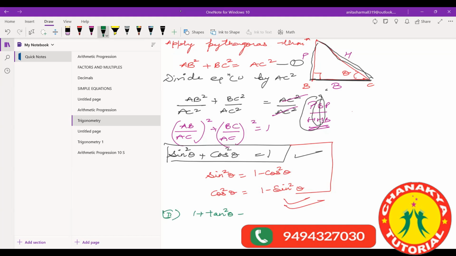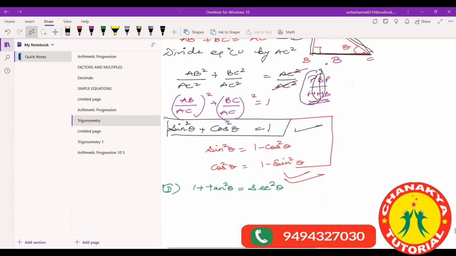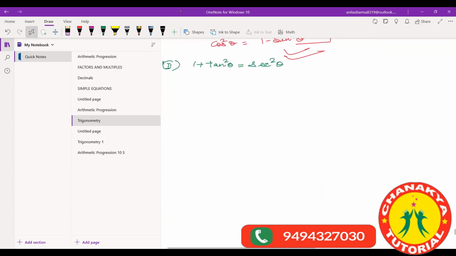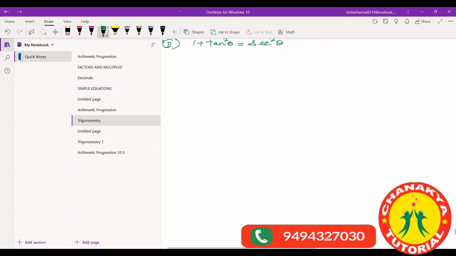Completed. Okay. Now the second identity is 1 plus tan square theta is equal to secant square theta. Right? So see, you can write the Pythagoras theorem from the above triangle only.